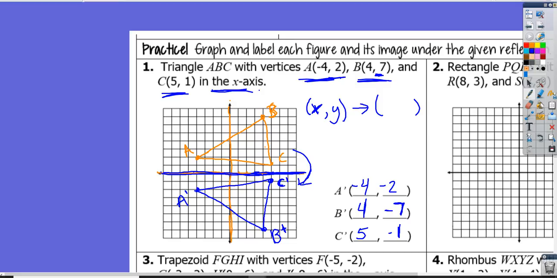You see that your 2 is now negative 2. We look at 4 and 7, our 7 is now a negative 7. 5 and 1, our 1 is now a negative 1. And our x's stayed the same. So we're going to leave our x the same because we didn't do anything to it, but all of our y's became negative, so we're going to write x, negative y. All right, go ahead and try the next one on your own, and then check to see if you got the right answer.